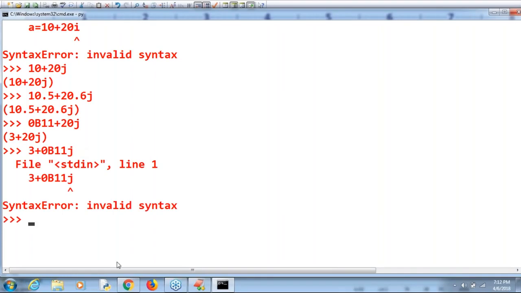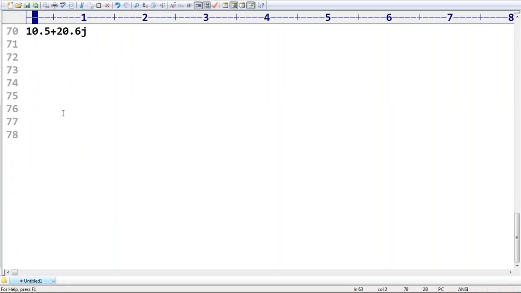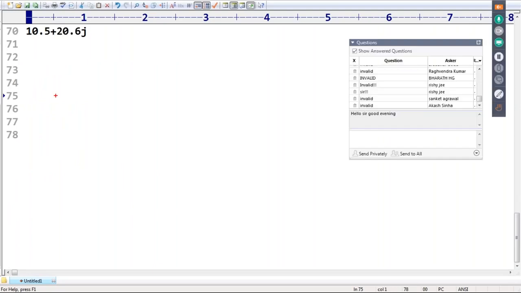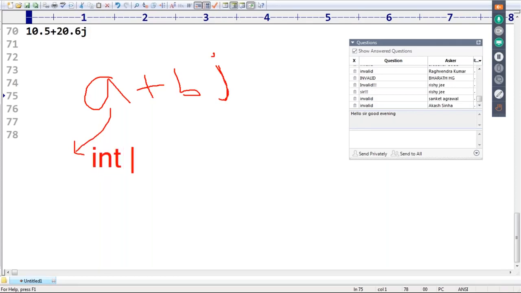One minute, let me repeat the rule so there is no confusion. Here a plus bj. This a can be either int or float. b can be either int or float. No problem at all.